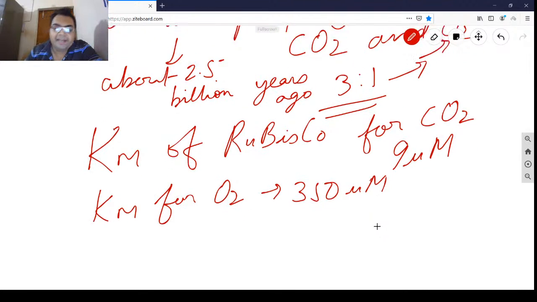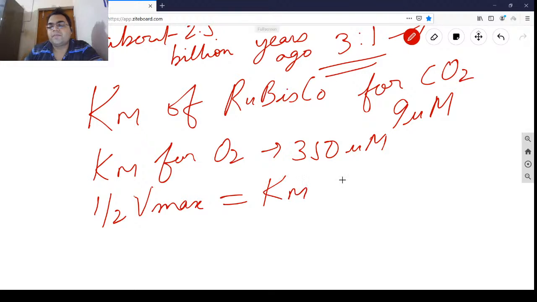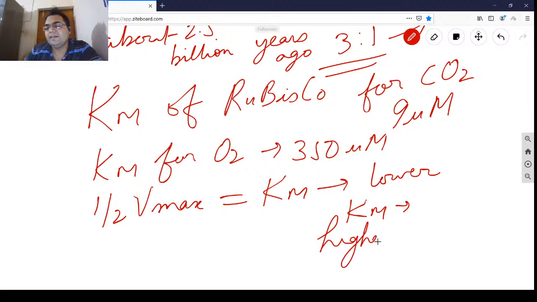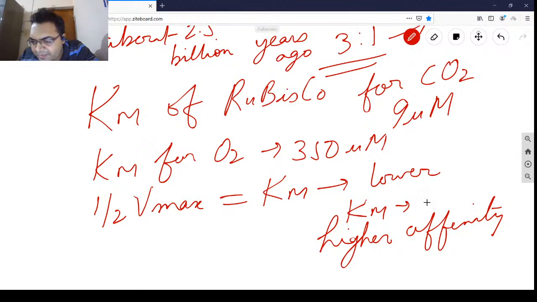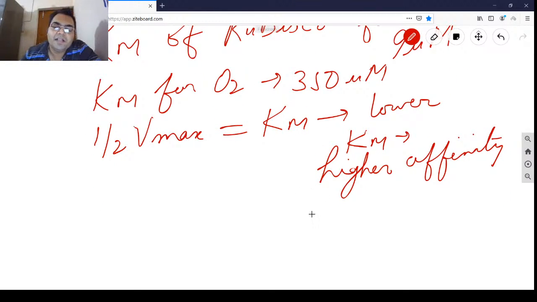I told you that Km is what? Half Vmax. A lower Km means higher affinity for the substrate. We will quickly reach Vmax, and a high Vmax you can say, with higher affinity for the substrate.